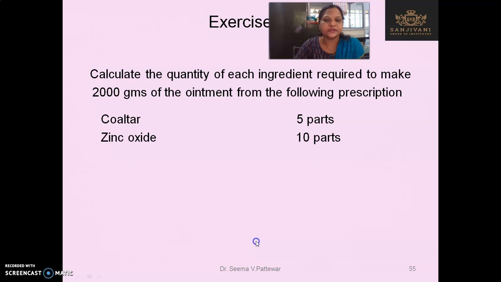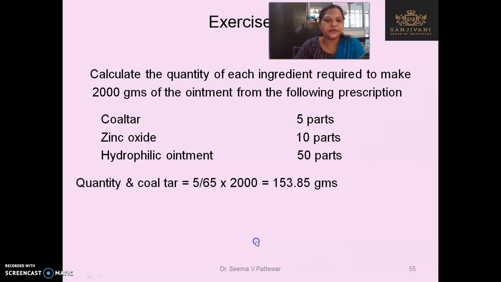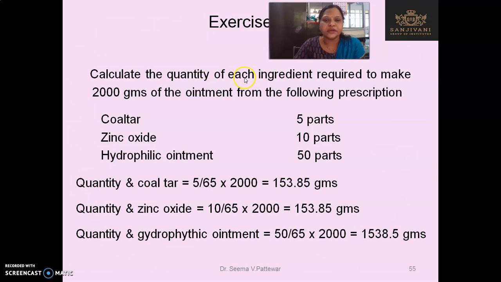See here, an example is given. Calculate the quantity of each ingredient required to make 2000 gram of the ointment from the following prescription. Here the ingredients are coal tar 5 parts, zinc oxide 10 parts, and hydrophilic ointment 50 parts.